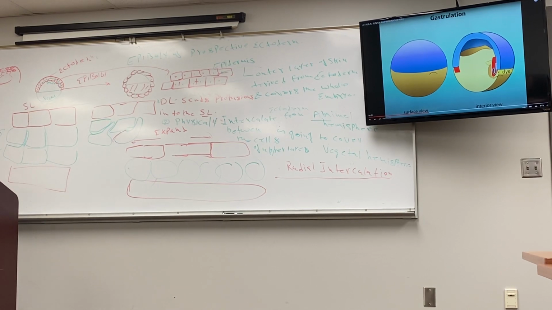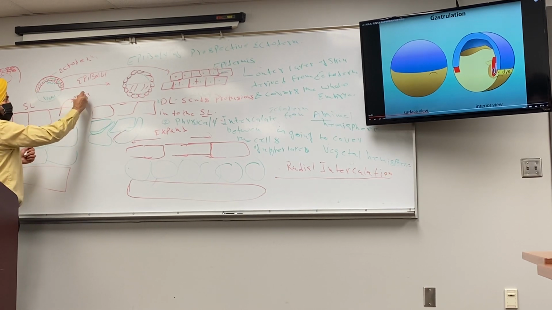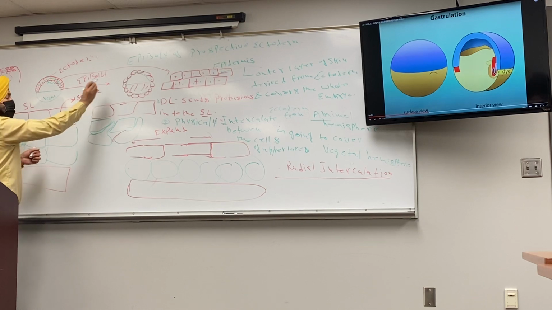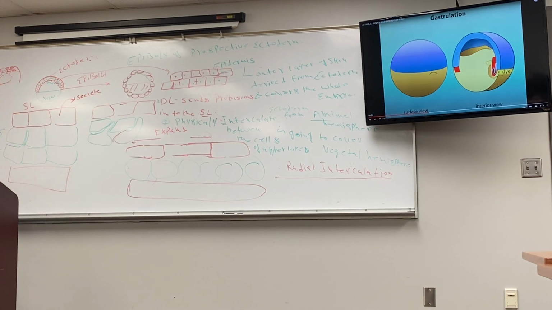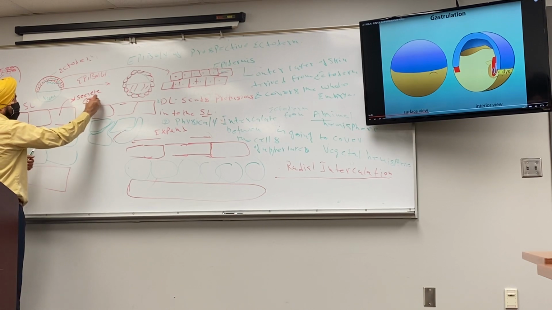So then, what is the reason why these cells move from here to here? What happened is that the surface layer cells secrete a chemical called C3A.